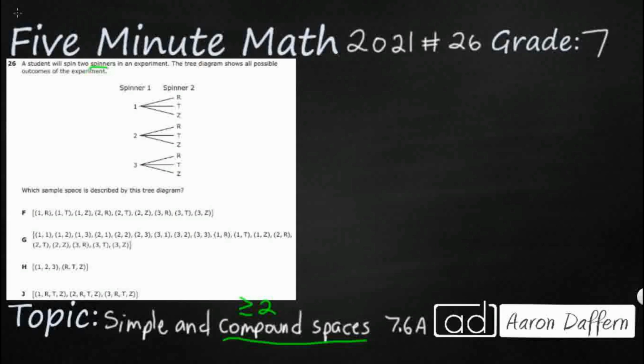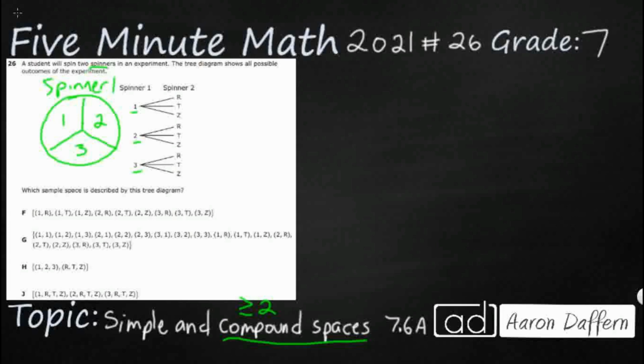So for spinner 1, you can tell it has three possible outcomes because in this column we've got three different choices. I'm just going to draw an example so we can see what spinner 1 would look like. We're going to break it up into thirds, and you've got three different options, 1, 2, and 3. So this is spinner 1.